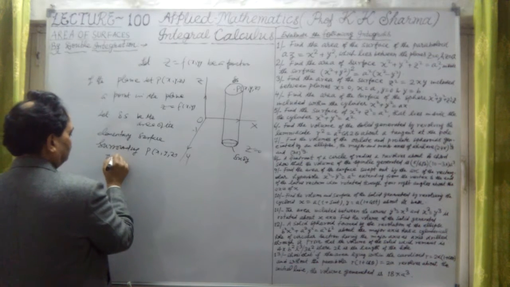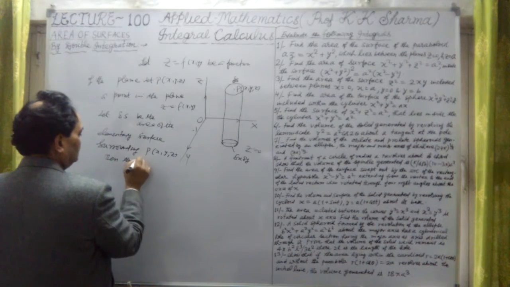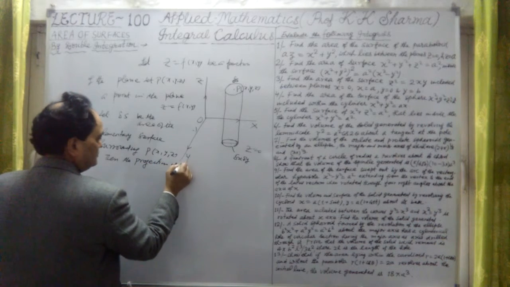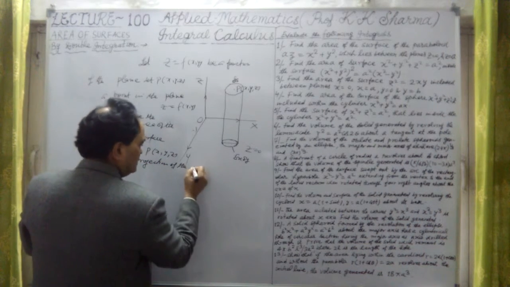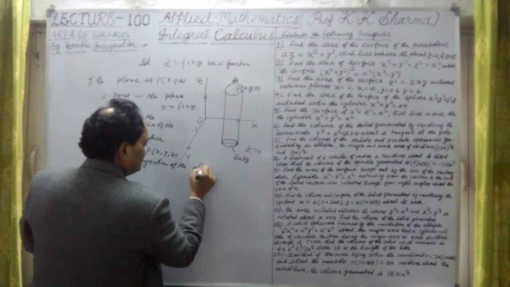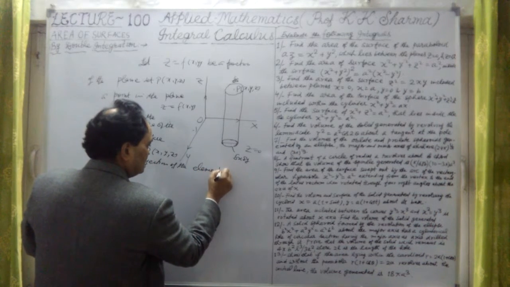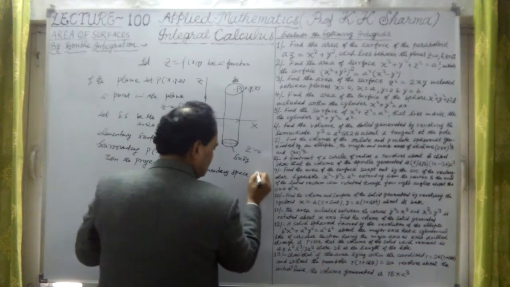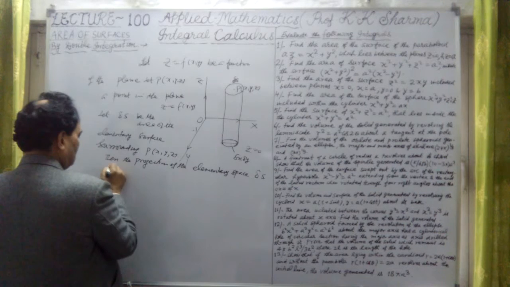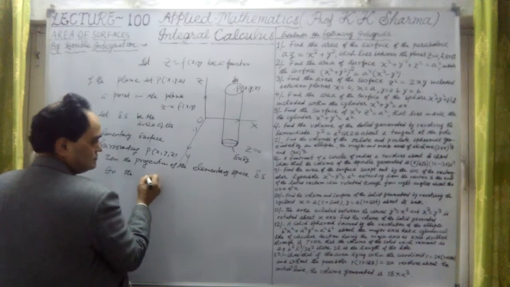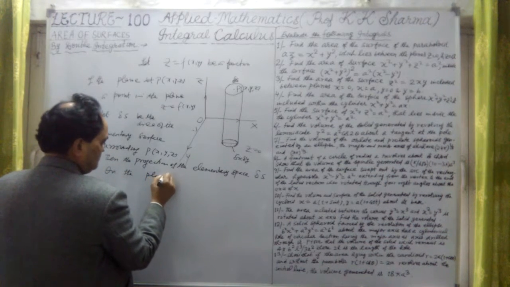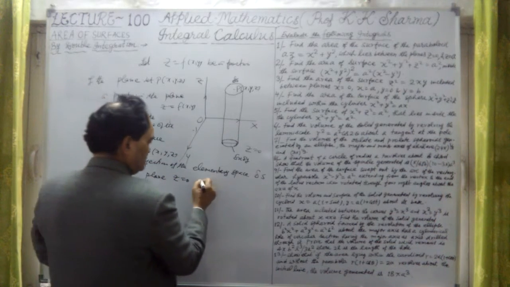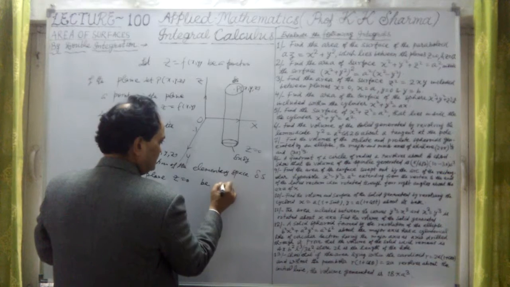Then the projection of the elementary space delta S on the plane z equal to 0 be delta x delta y.